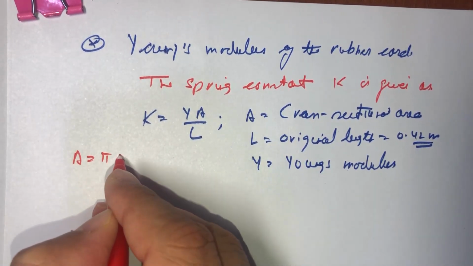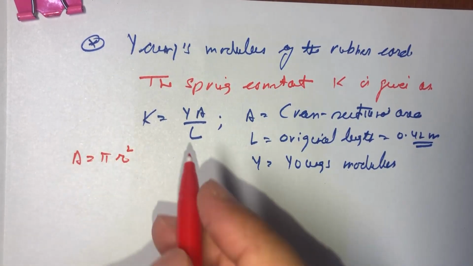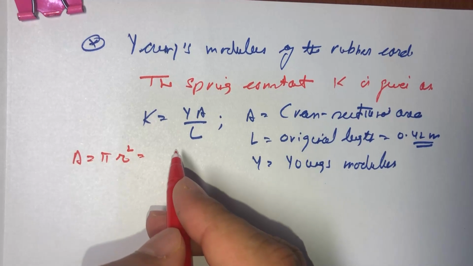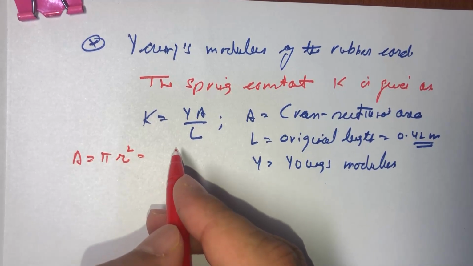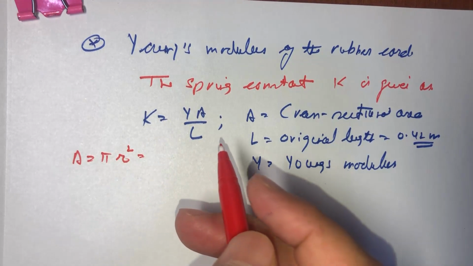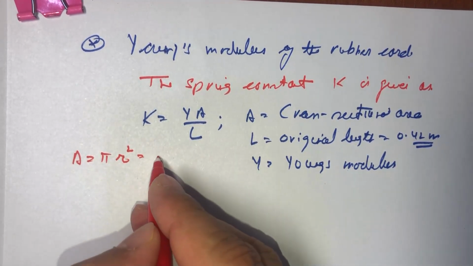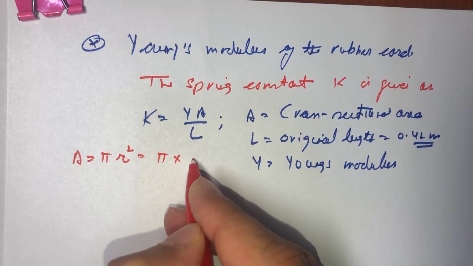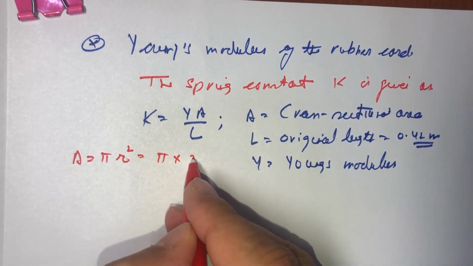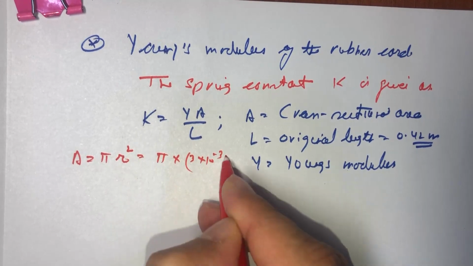Area is equal to pi r square. The diameter is given as 6 mm, so the radius is 3 mm, and we can write this as pi multiplied by 3 into 10 to the power minus 3 whole square.